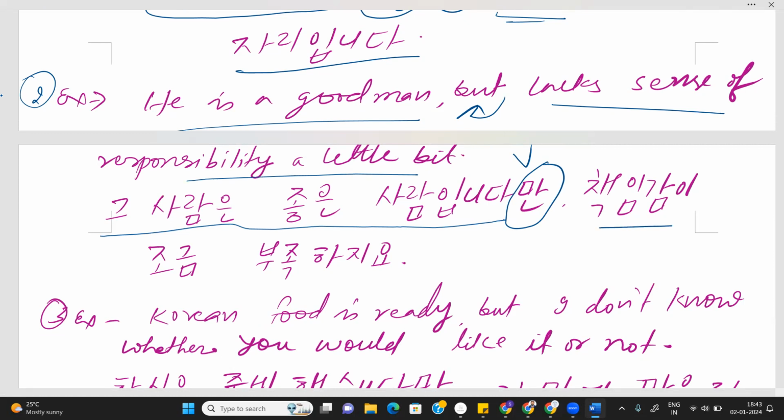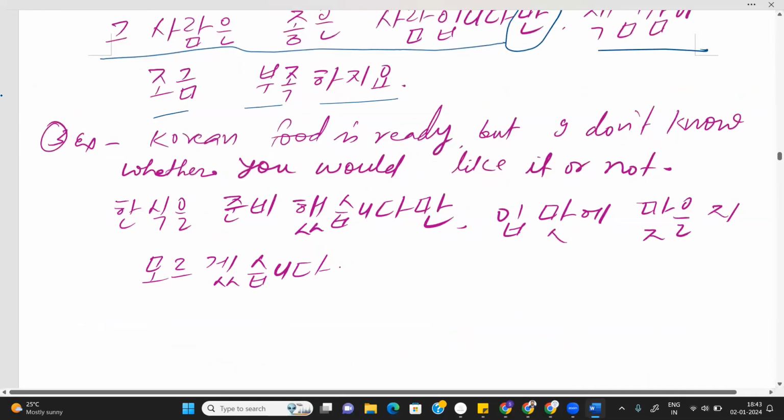So, 책임감이 조금 부족하지요. Okay, very good. Now third one. Korean food is ready, but I don't know whether you would like it or not.